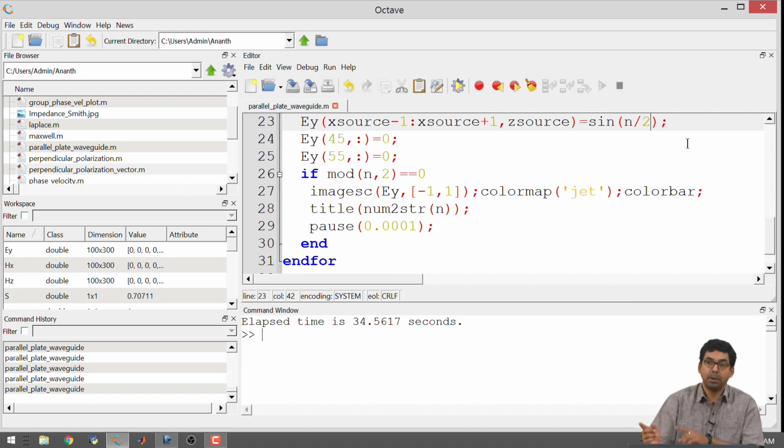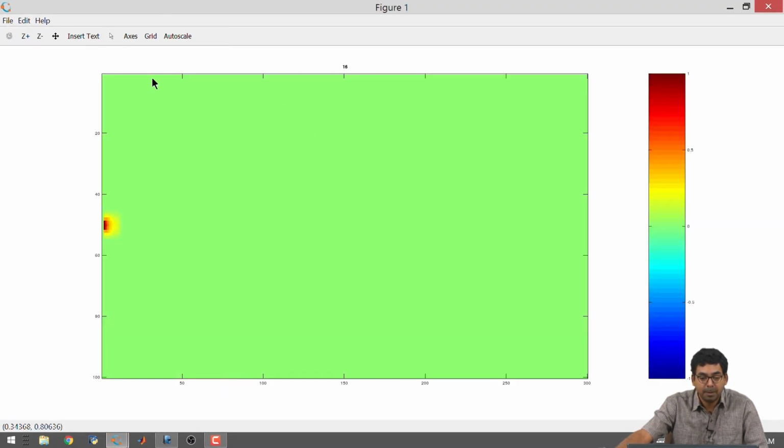So, I am going to do the exact opposite. I had sin n by 4, made it sin n by 2, and now I will make it sin n by 10 to just see what happens. Alright, so it is clear that we are not able to launch electromagnetic fields into it.